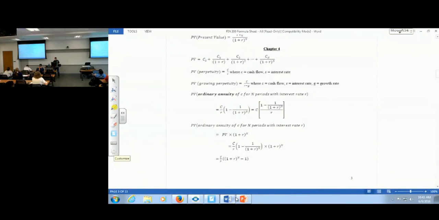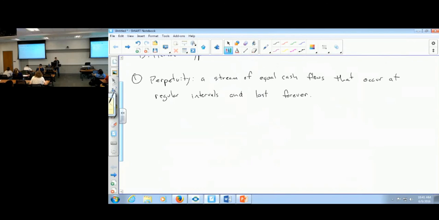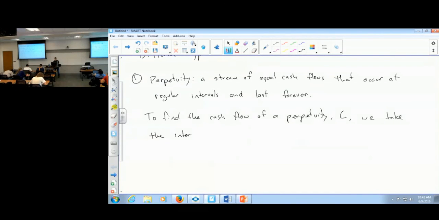Okay, so let's play with this a little bit. We know that to find the cash flow of a perpetuity, which we're going to call C, we take the interest rate, we call R, and multiply by the principal.